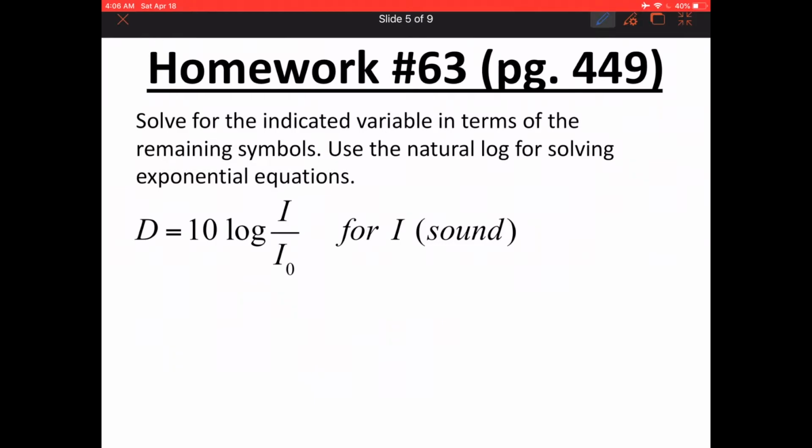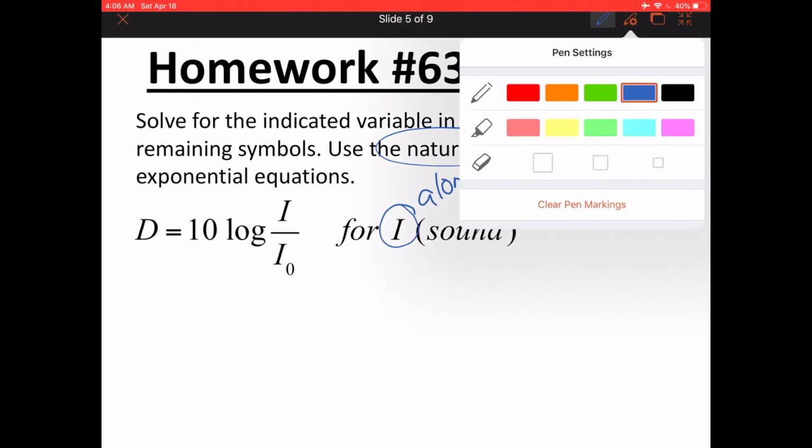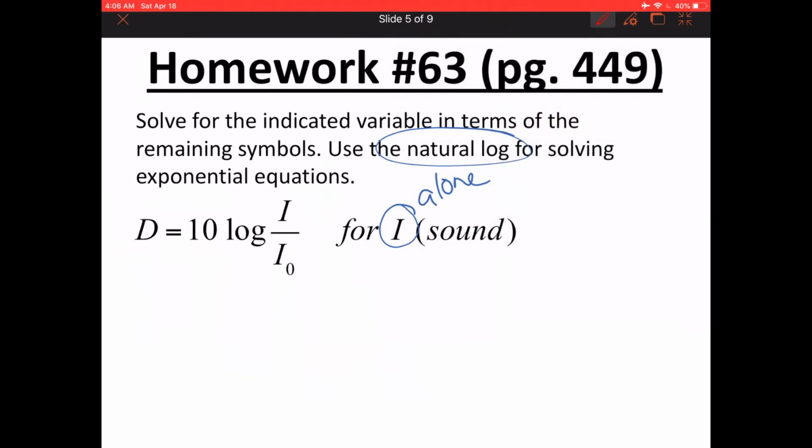All right. Again, we want to solve for the indicated variable. We want to use natural log. In this case, we are solving for I. So that means I want to get I alone. Okay? There's nothing for me to add or subtract. So the first thing I'm going to do is divide both sides by 10 to, again, start trying to get that I alone.